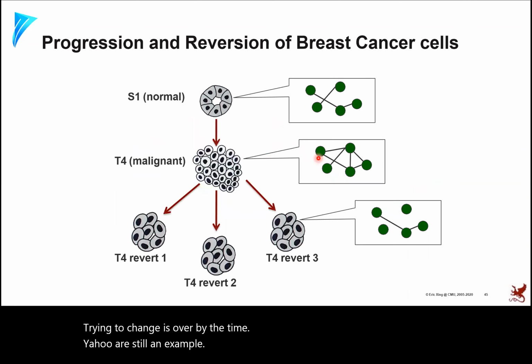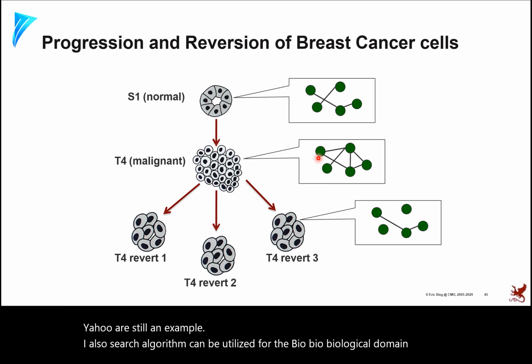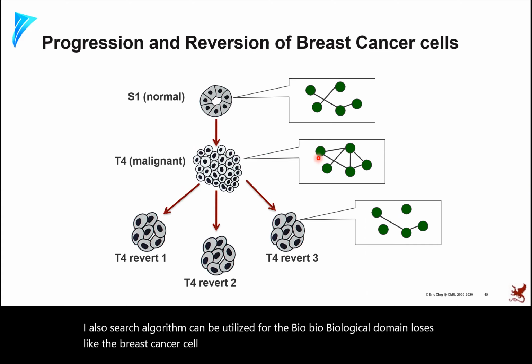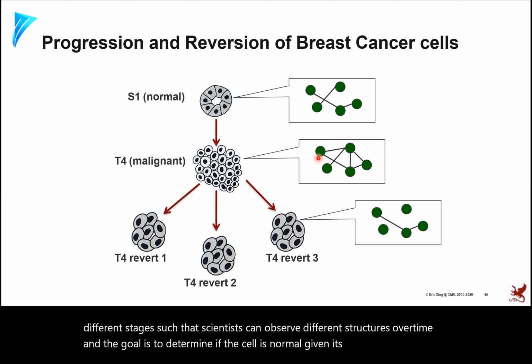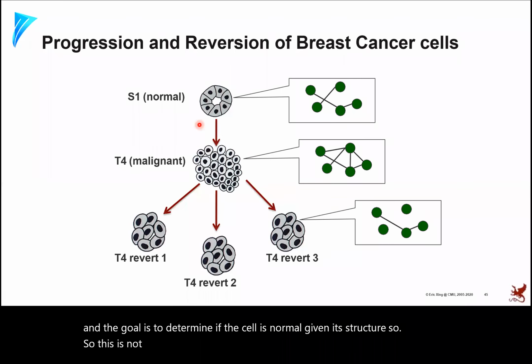Here is still an example. Such an algorithm can also be utilized in the biological domain. This is a breast cancer cell, and it tries to learn how it develops over different stages, such that scientists can observe different structures over time. The goal is to determine if the cell is normal given its structure. This is not a temporal graph, but still they have different stages.